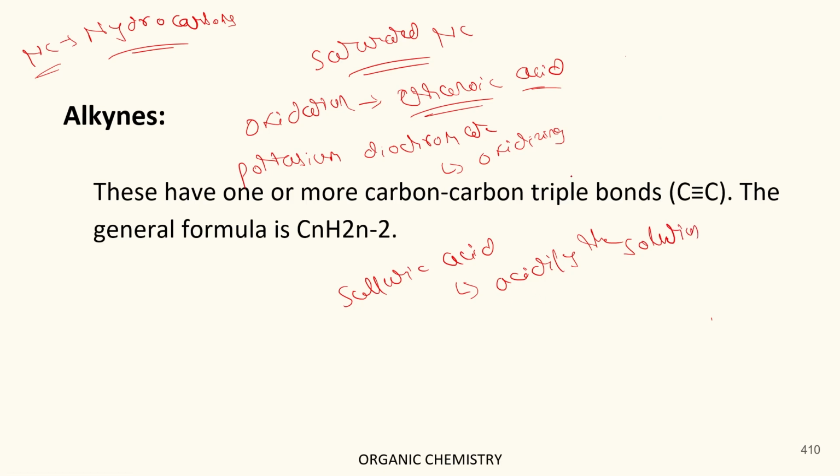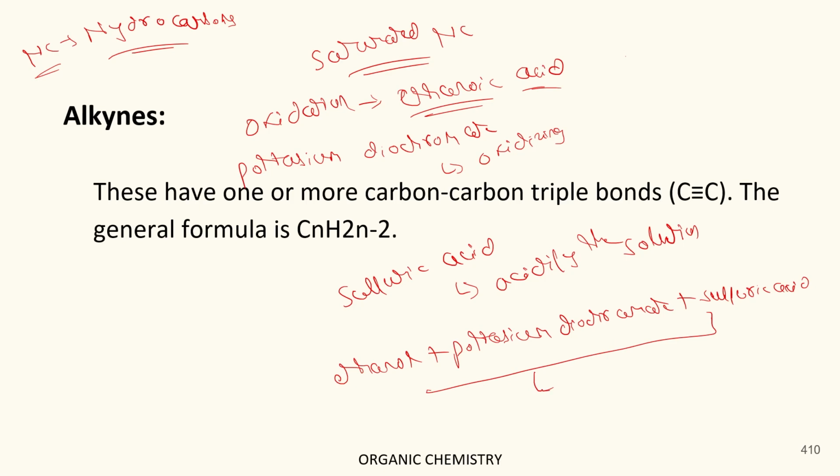Okay, so basically ethanol reacts with potassium dichromate plus sulfuric acid, and the product is ethanoic acid.